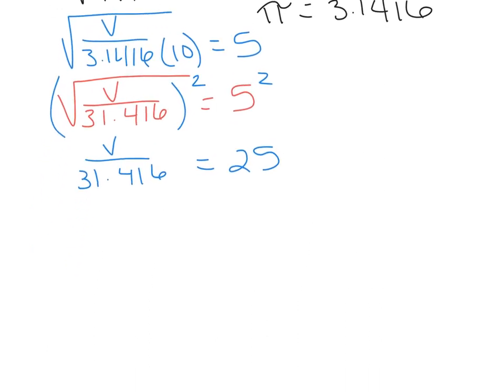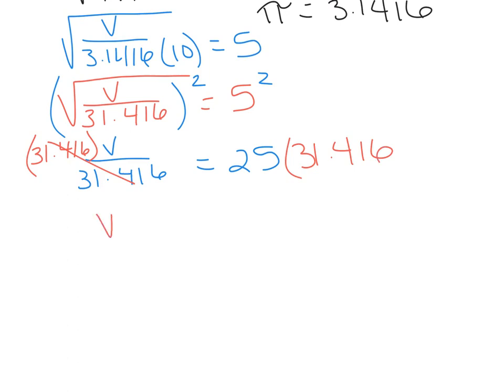Now to isolate this V, I'm going to need to get this denominator off of here. This is divide, so to undo it, we multiply. So I'm going to multiply both sides by this 31.416. And that will make it cancel here.